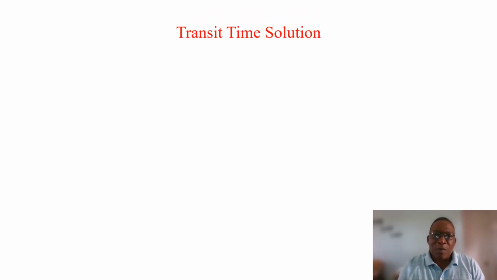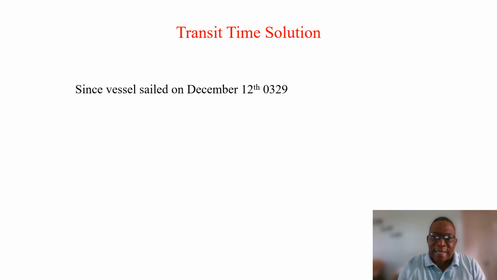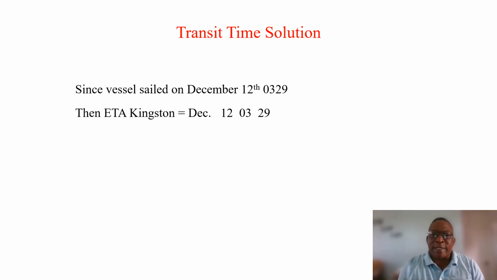Now, since the vessel would have sailed, as indicated in the question, on December the 12th at 0329, we now need to add the transit time to the sailing time to give us the ETA at Kingston.